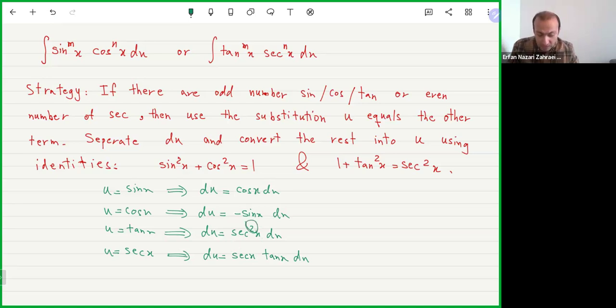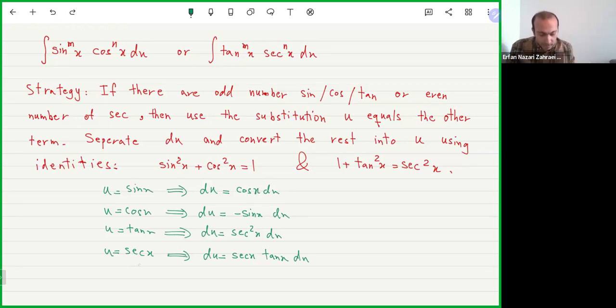It has an even number of secant in it. So if you want to use this substitution and want it to work, you need to have an even number of secant. That's why if you have an even number of secant, you need to do the substitution u equals tangent.